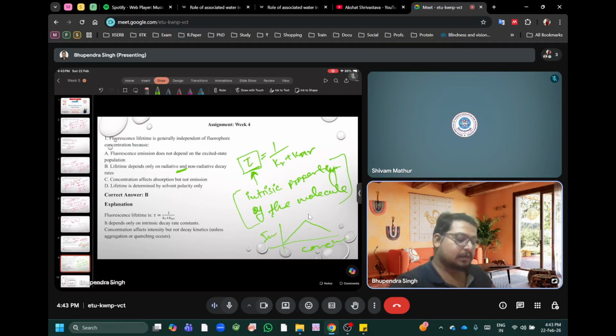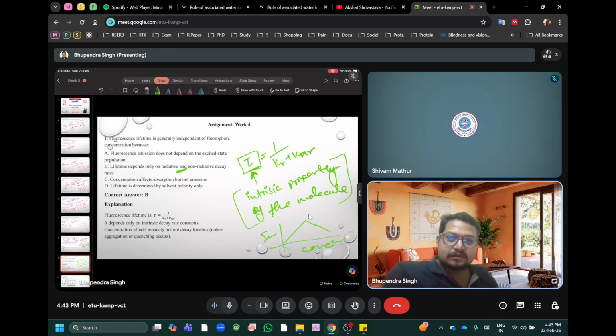That is one thing also. I must tell you that even though these are the ideal situation, when increasing the concentration of the molecule, the lifetime will not vary, because it is an intrinsic property of the molecule, and it only depends on the radiative and non-radiative decay rates, the kinetics.